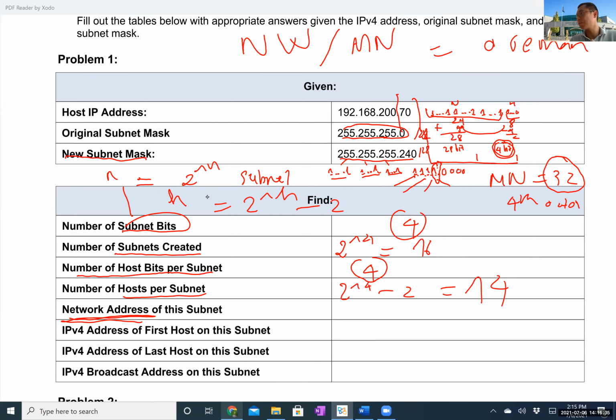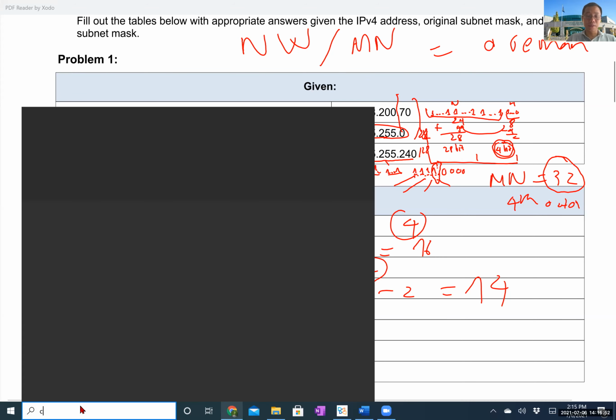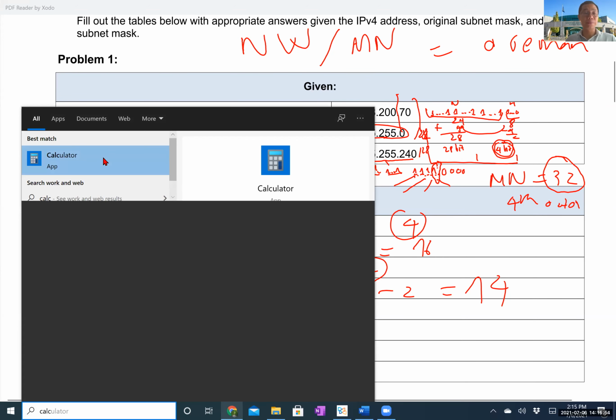So what do you think? Which number is close to 70, and when you divide by the magic number, you have no remainder here? What is it? 64. Yes. You can work on the calculator.